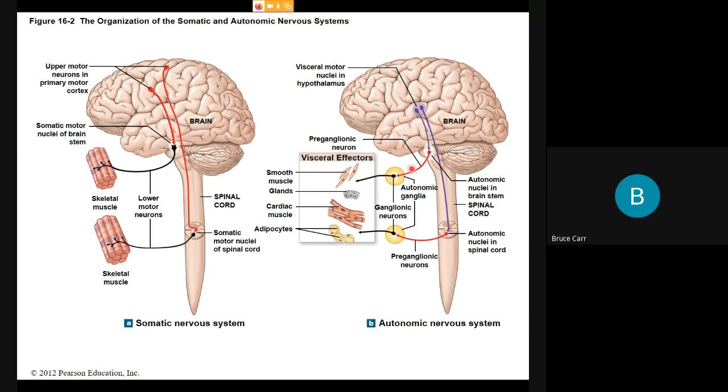This is the preganglionic neuron. After the synapse in the gray matter of the ganglion, we go out to effectors, either smooth muscle, glands, cardiac muscle or fat.